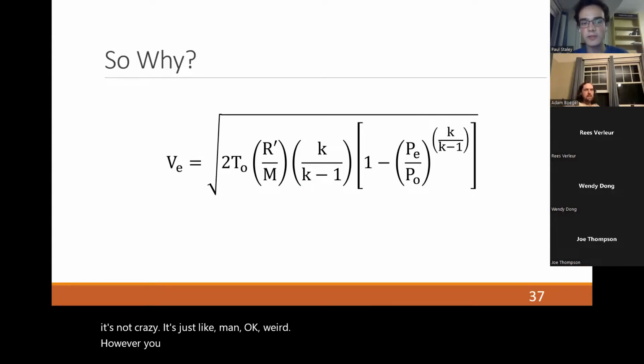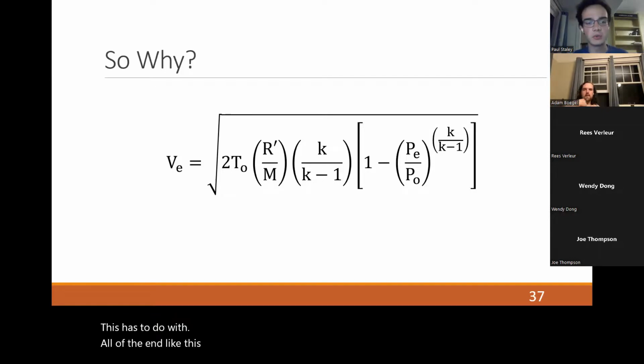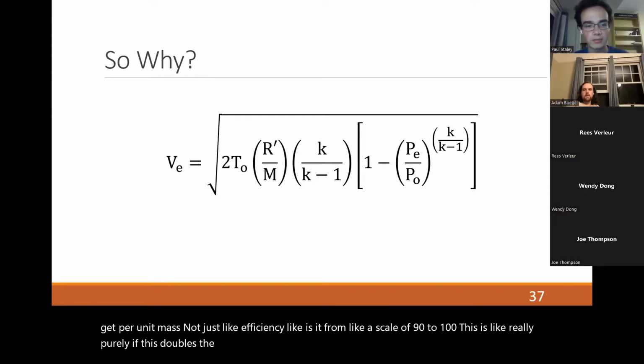This is the equation for the exit velocity. This is a really important equation. This effectively sets the performance of your engine. How much thrust do you get per unit mass? Not just efficiency on a scale of 90 to 100. This is purely, if this doubles, the rocket makes twice as much thrust.